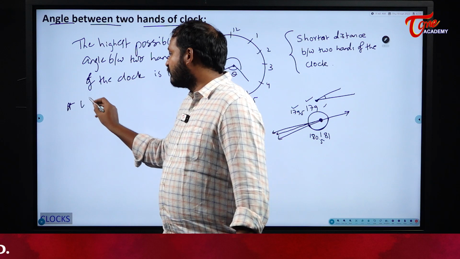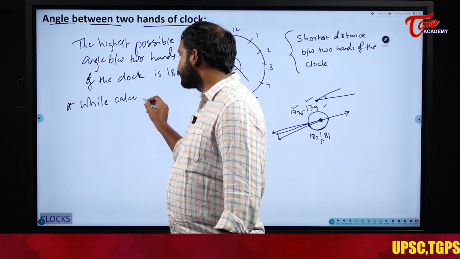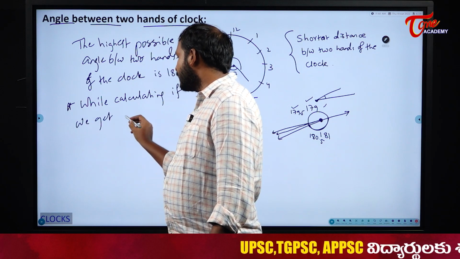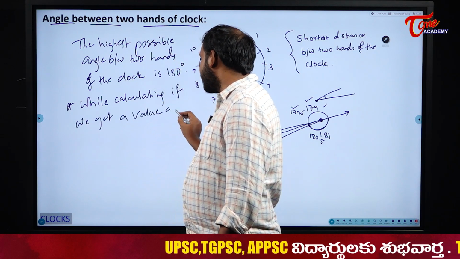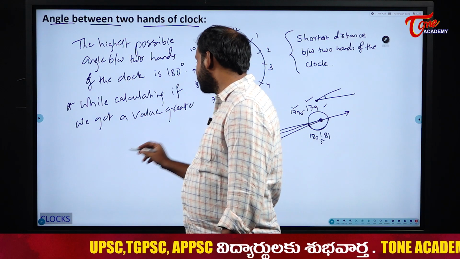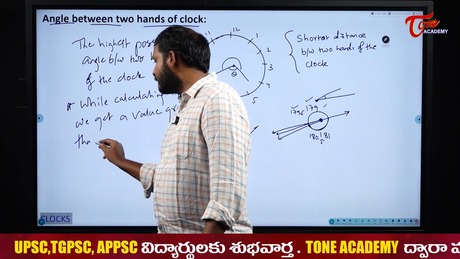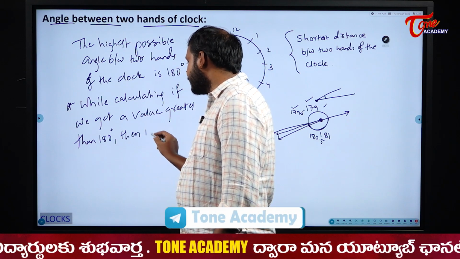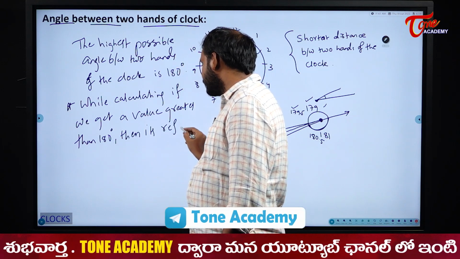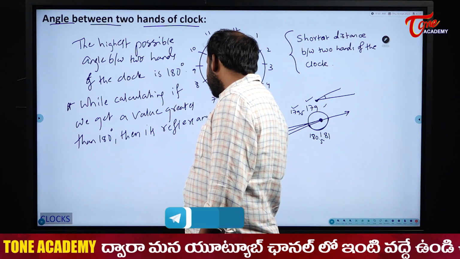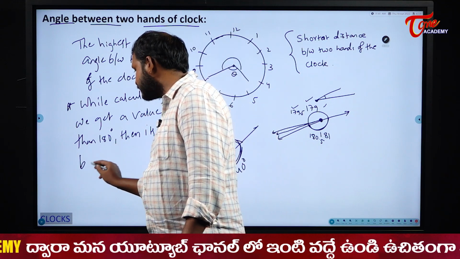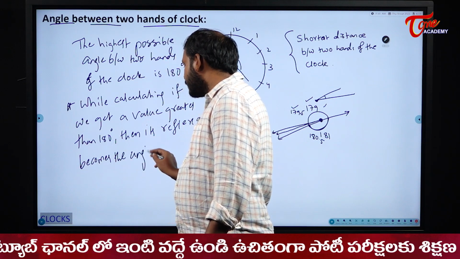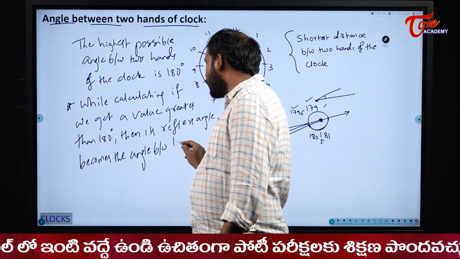So, while calculating, if we get a value greater than 180 degrees, then its reflex angle becomes the angle between two hands of the clock.